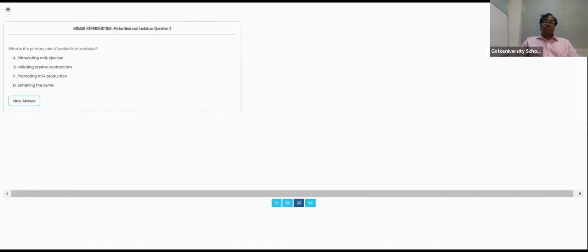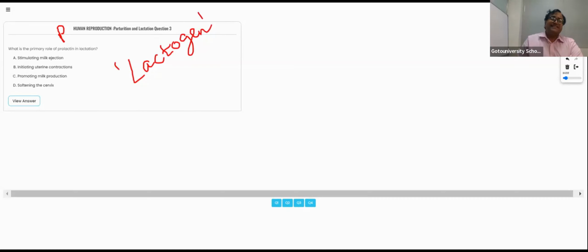This lactogen is also very important for milk production, and it comes from the placenta, whereas prolactin comes from the pituitary gland. So I always keep P with prolactin, pituitary gland. Placental lactogen, coming from the placenta, also supports effective milk production, right?